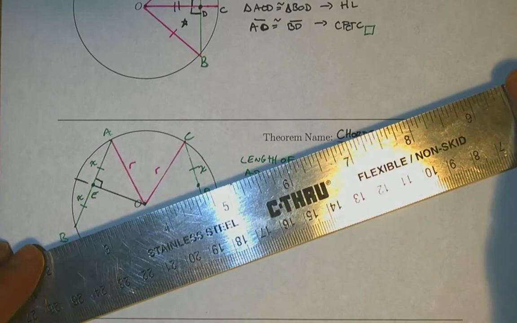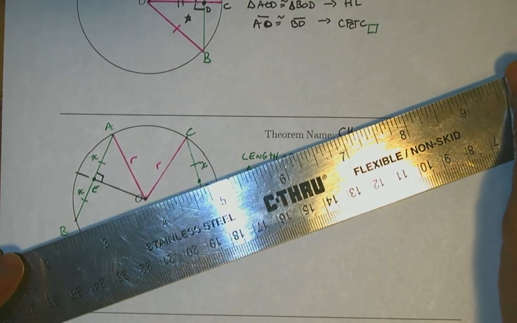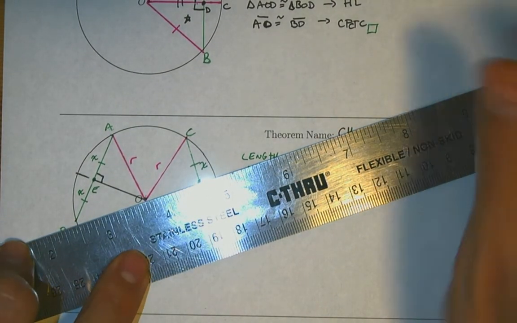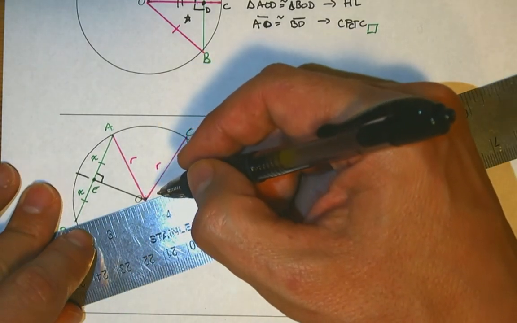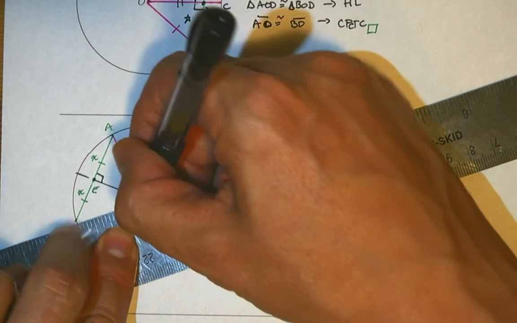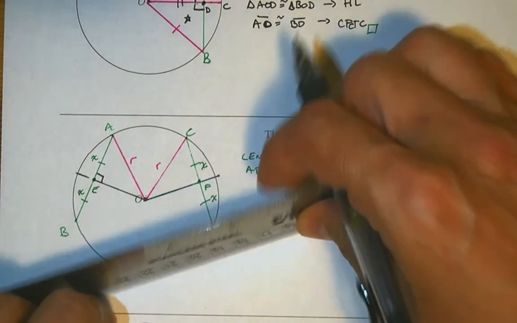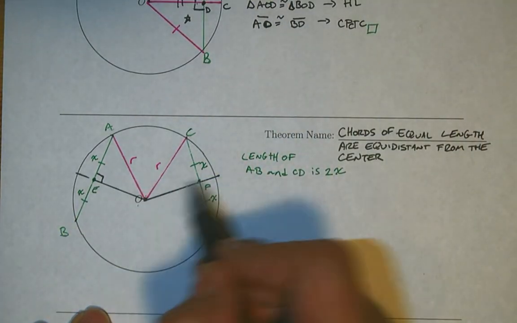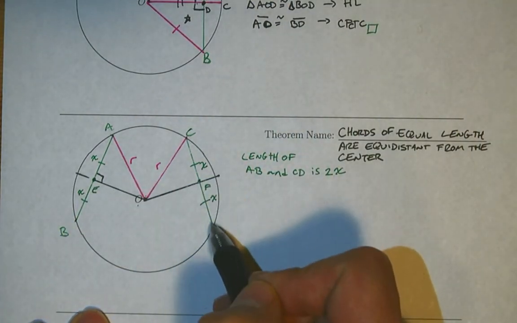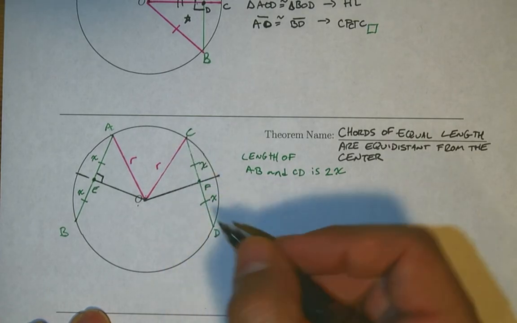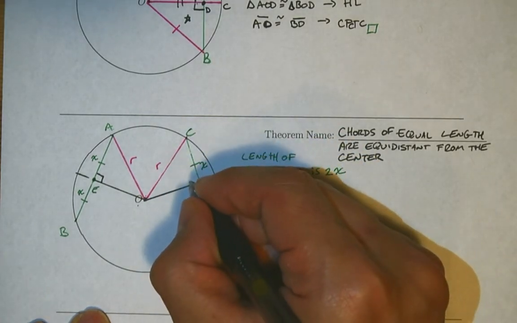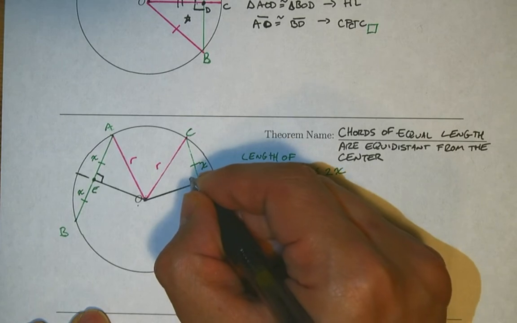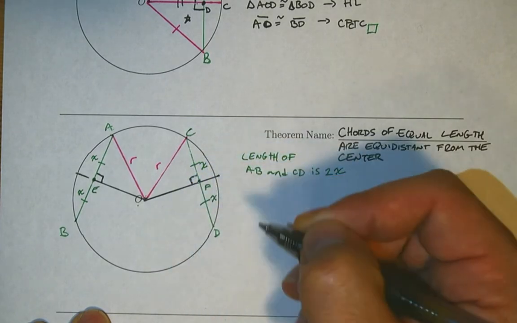Let's do the same thing here with OF. With OF, I'm going to draw in that segment. And again, OF is a radius that goes through the midpoint of CD. So again, by the theorem we had above, we know that's perpendicular.